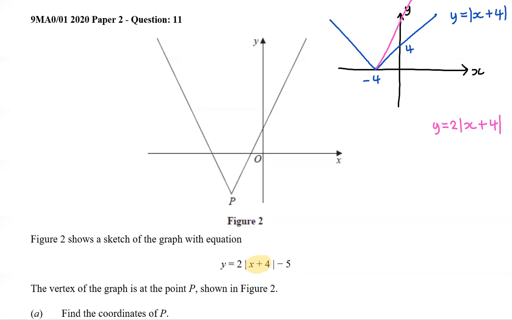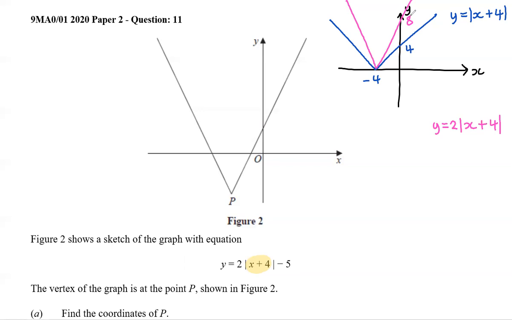So it's going to still be intersecting the x-axis at -4, where the inverted apex is, but it's now going to be cutting the y-axis at 8 because all the y values have doubled. Okay, so that's important to consider.